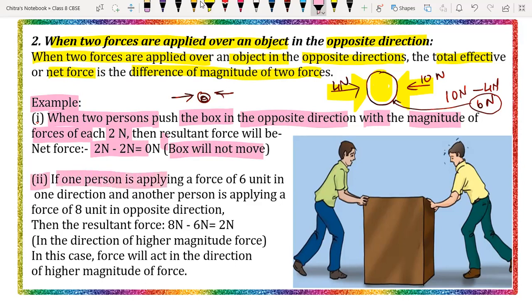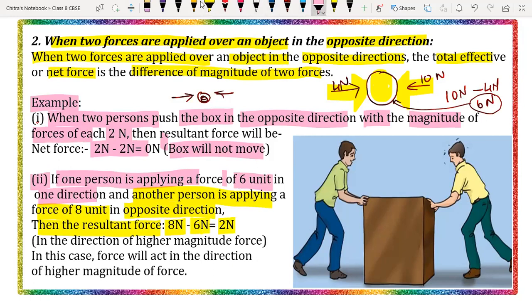If one person is applying a force of 6 Newton in one direction and another person is applying a force of 8 Newton from the opposite direction, the resultant force will be what? We subtract the smaller number from the larger one, so 8 Newton minus 6 Newton. The resultant force is 2 Newton.